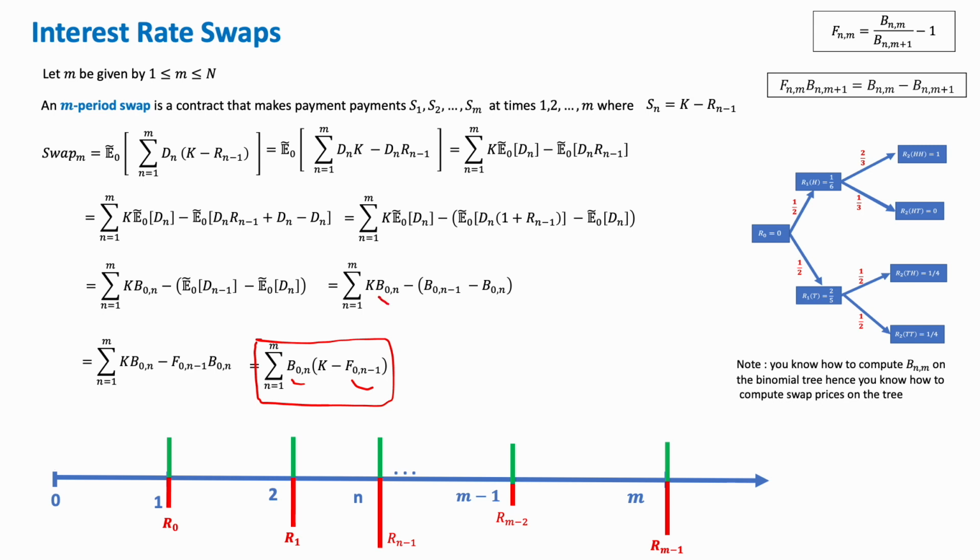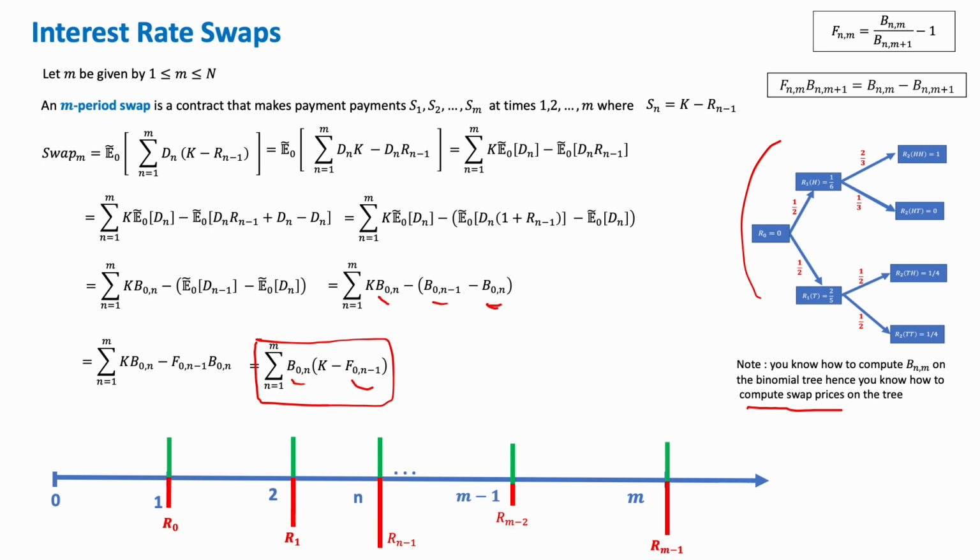Or even if you look here, it's only a linear combination of zero coupon bonds. So that means you now know how to price swaps on this binomial tree as well, because it's reduced to a problem of pricing zero coupon bonds.